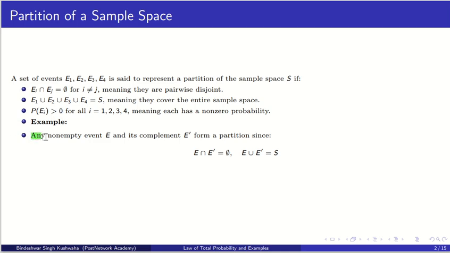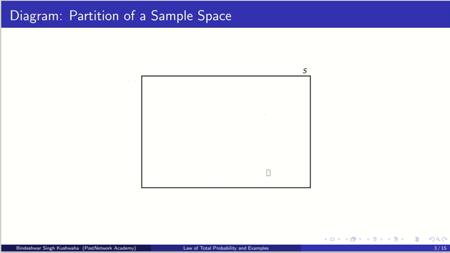Example: any non-empty event E and its complement E prime. E intersection E prime is empty, and if you combine them, that gives the sample space.